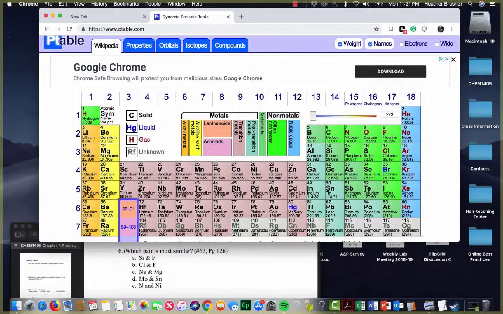The very first one we're going to look at is silicon and phosphorus. That is A. The next one, fluorine and chlorine. That's B. Sodium and magnesium.